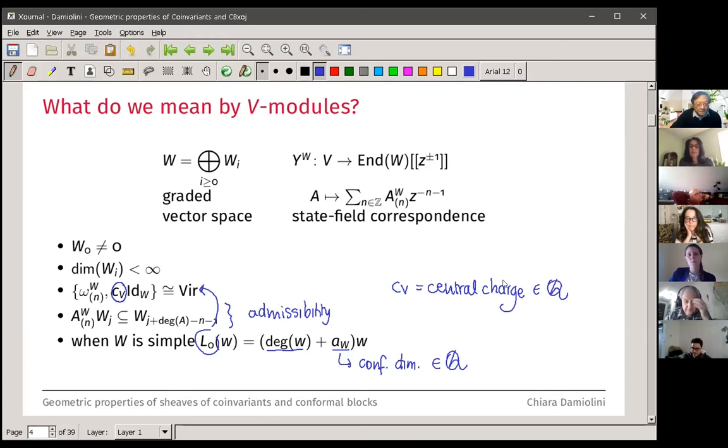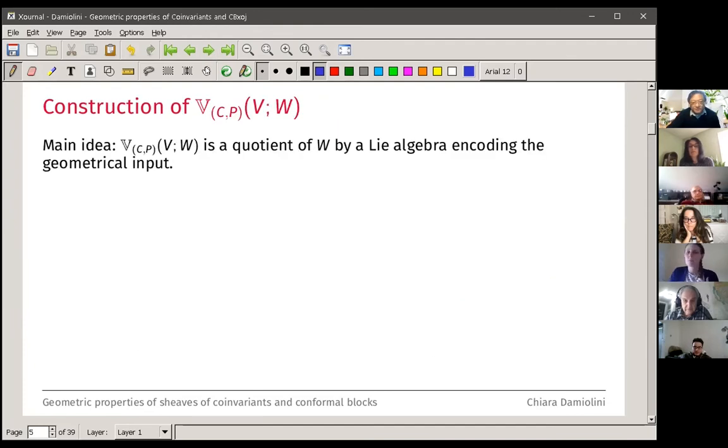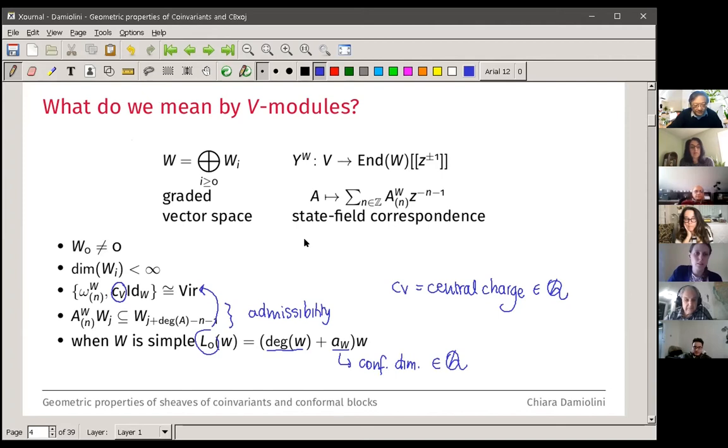And so the first step in this talk would be, how can I construct then spaces which, I'm sorry. So I think the last line here, W is simple.